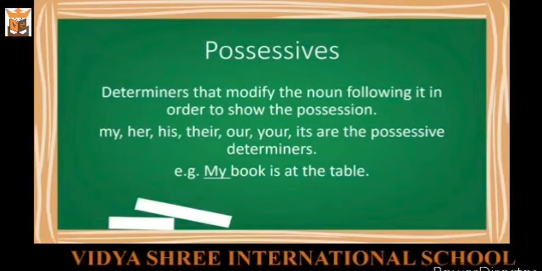Why? Because all these words show possession. For example, my book is on the table. Whose book is on the table? My book. So my is a possessive determiner.